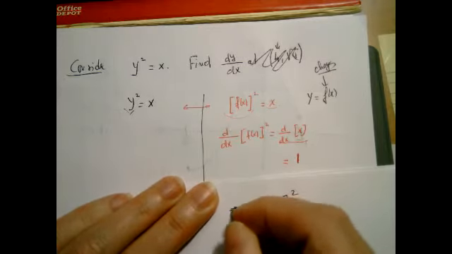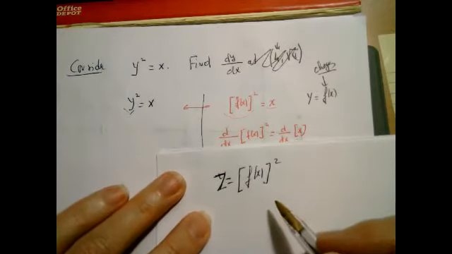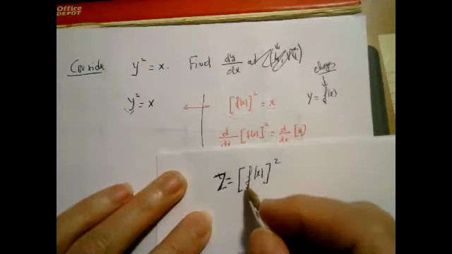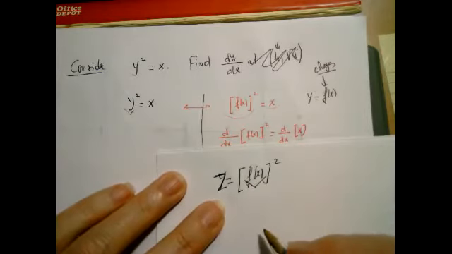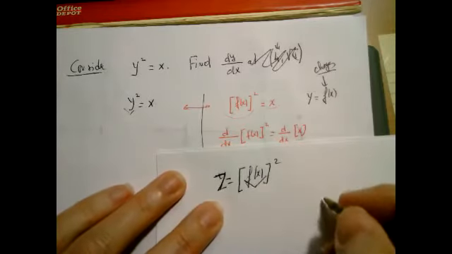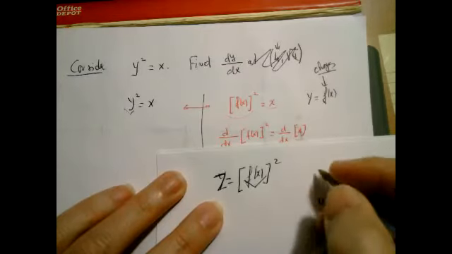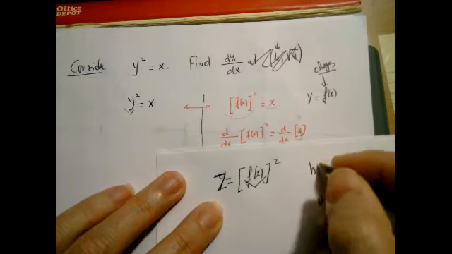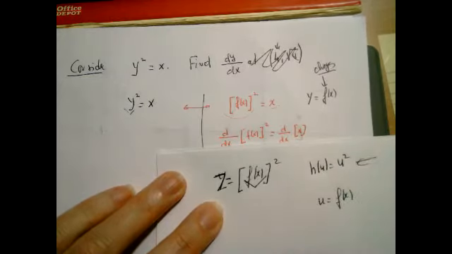Suppose I tell you let z equal f of x squared. What is the derivative of this function? This is really a composition. The inside is f of x, and the outside, let me call it h of u, is u squared. That's the outside.